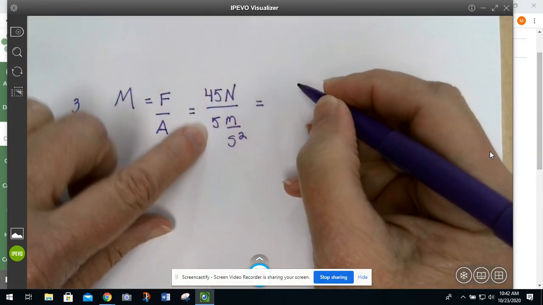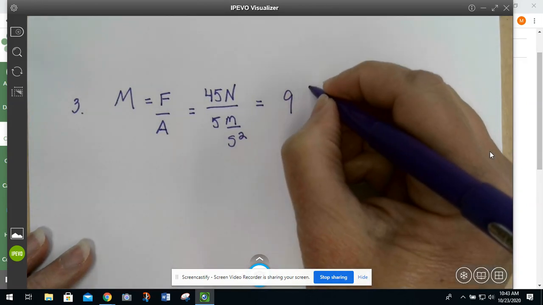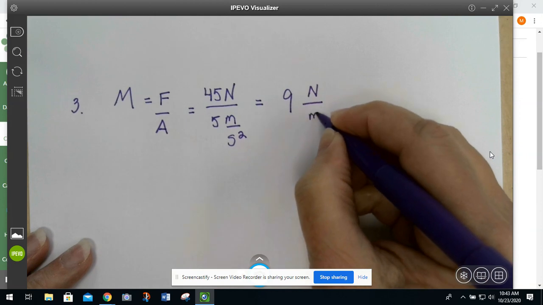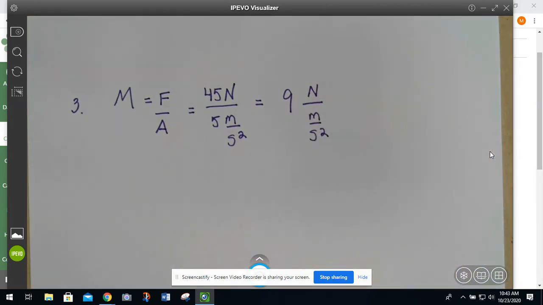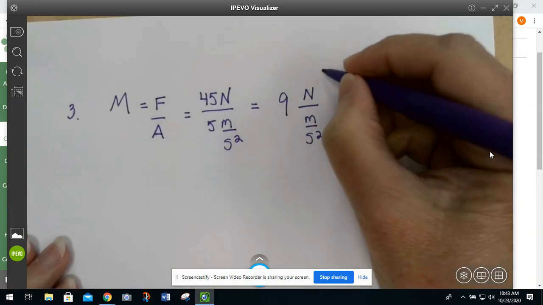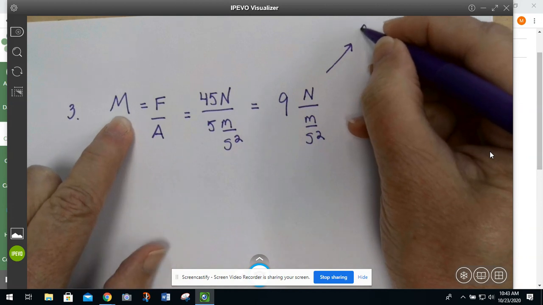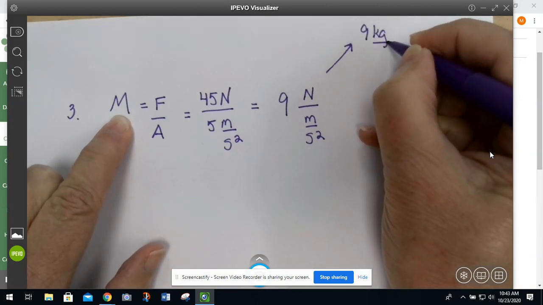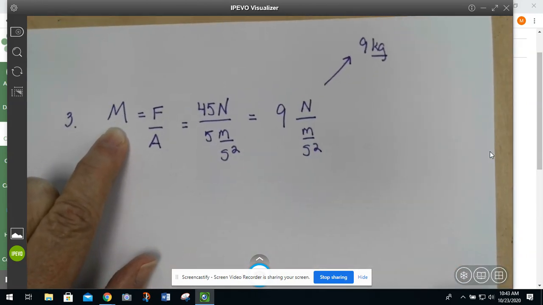And I can do this in my head. 45 divided by 5 is 9. Look at all this mess I still have. I still have a newton, and I still have a meter per second squared. 2 ways we can do this. If you are not a mathy person, it is fine. Most of our problems right now, if it's solving for mass, remember I said the G is grams, you can just kind of write kilograms.